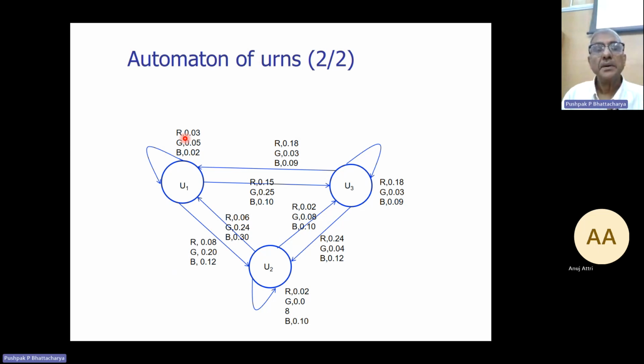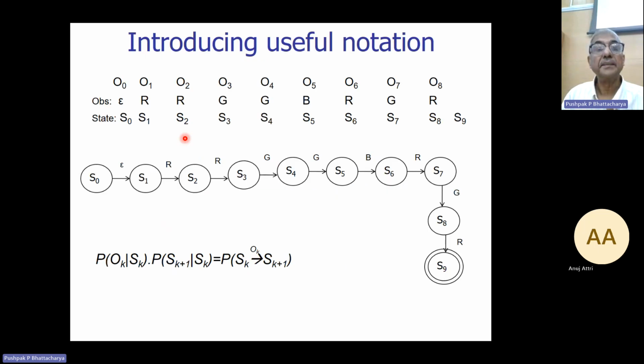Okay. So now we have this new automaton, and we have a very useful notation here. Probability of OK given SK into probability of SK plus 1 given SK is given a notation which is very intuitive.